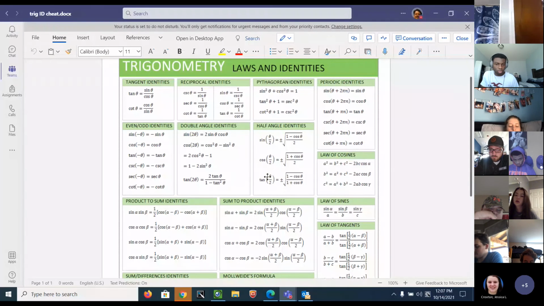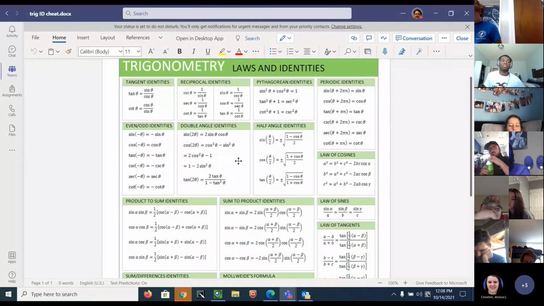Now you actually can do this one the same way. What is 67.5 times 2? 135. So this is basically the cosine of 135 over 2.